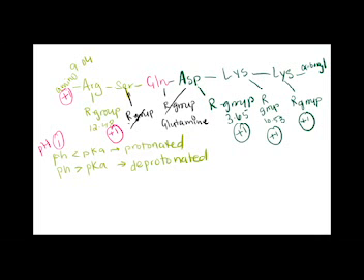Oh. 8.95 is the amino group. Since this is 2.18, what's the charge for it? It'd be positive. Is it neutral? Wouldn't it be positive?